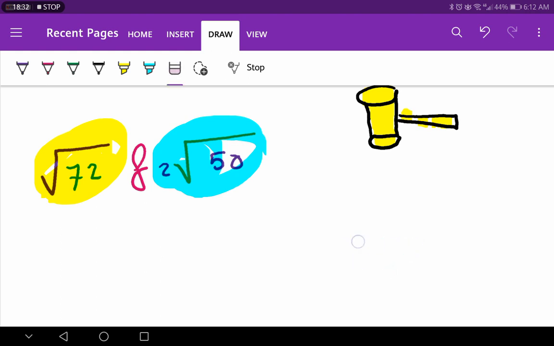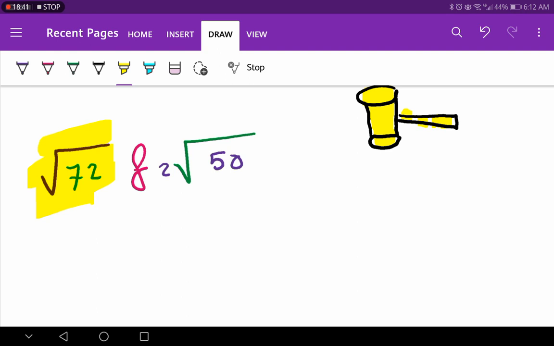So I will start step by step. I will take this respected radical. It is 72. I will bring my 72 under my hammer here and I will hit it. It is coming from 9 and 8. Okay, I get my perfect square, which is 9, so I will send it outside as 3, and I will break the 8.